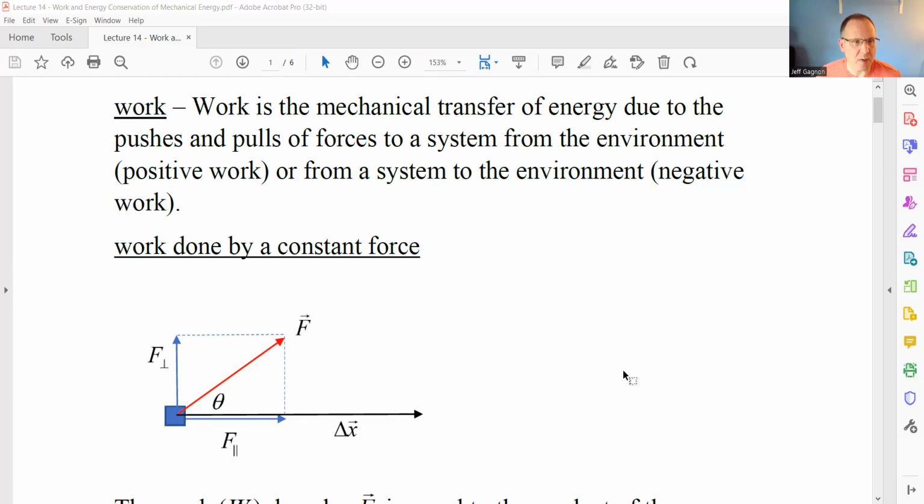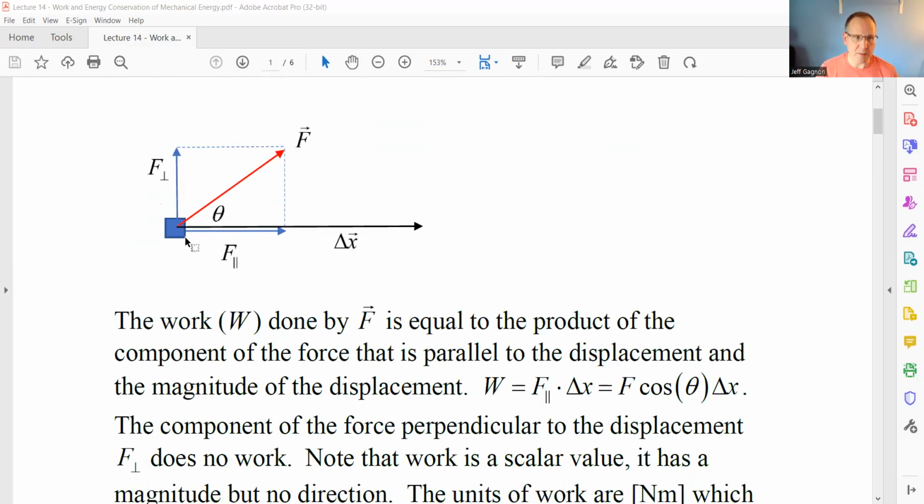So here's an example where I have an object and I have a force applied. So the force F here, it's a vector, right? And this object is going to undergo a displacement delta x, and I have it drawn in this direction. And I want to calculate the work done by this force F. Okay, what is the work done by this force F as this object undergoes this displacement delta x?